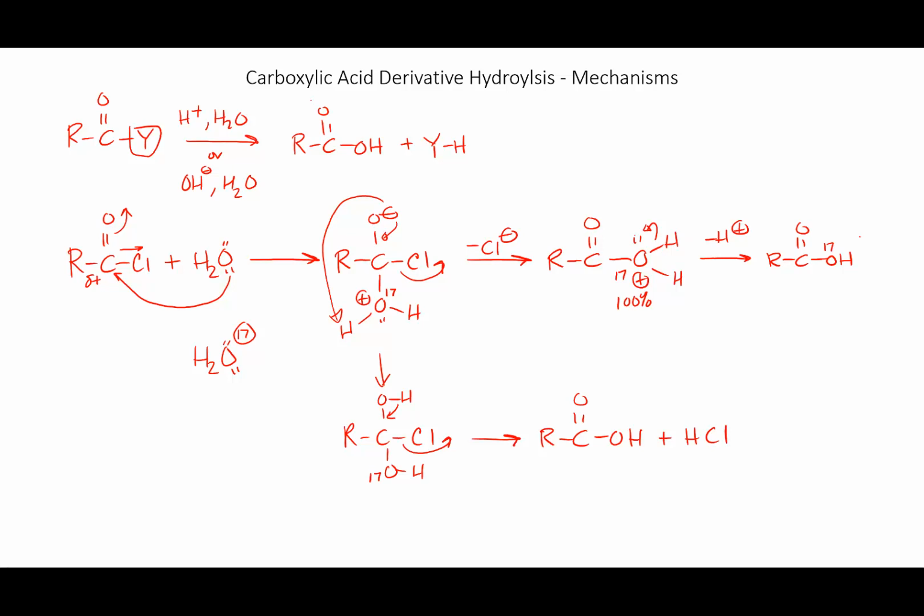So there, you would end up with 100% of that. On the other hand, if it went through the second mechanism, the hydrogen could either be lost from the oxygen that wasn't labeled, or it could be lost from the oxygen that is labeled.